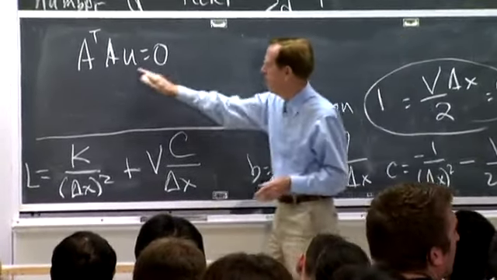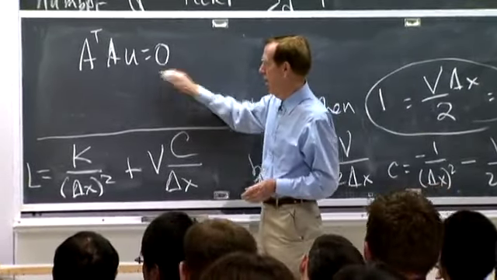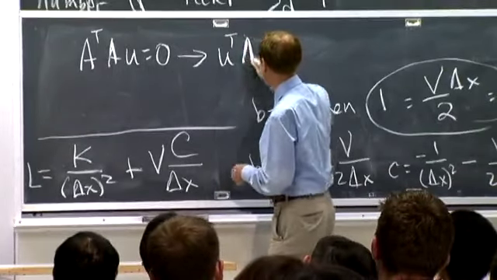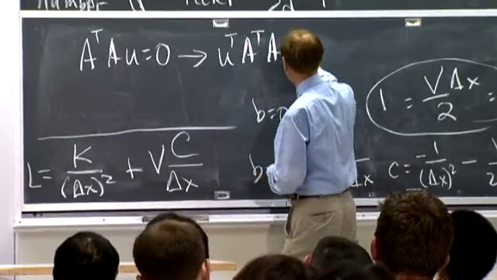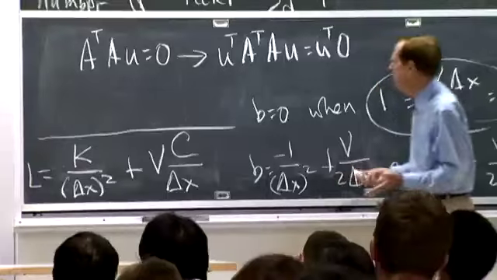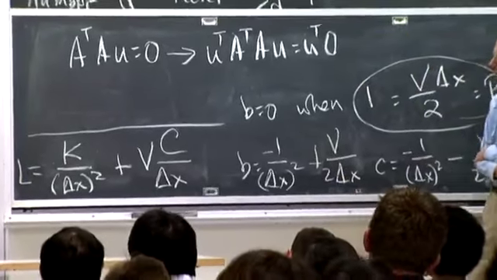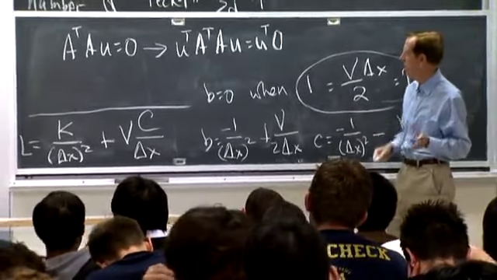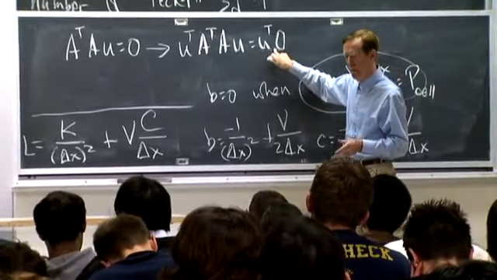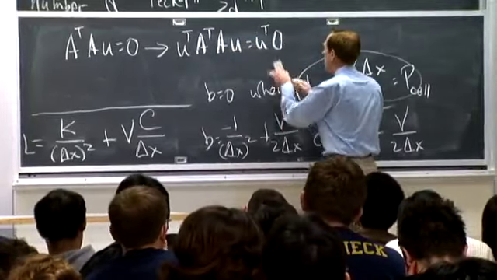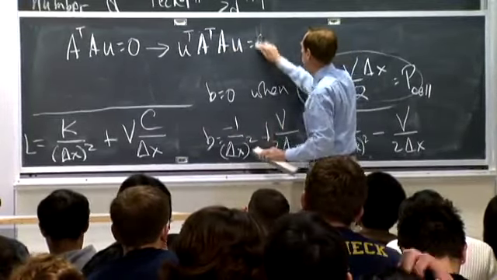So if A transpose A u is 0, then I could multiply both sides by u transpose. Safe. Whatever that u might be, multiply both sides by u transpose. But what is u transpose times 0? 0, nothing there.